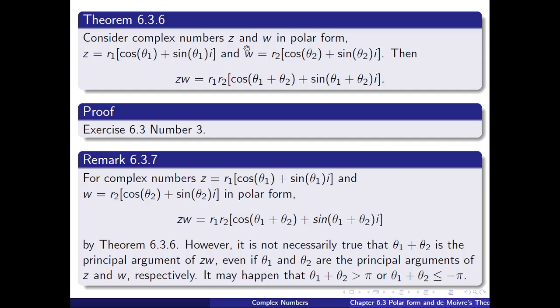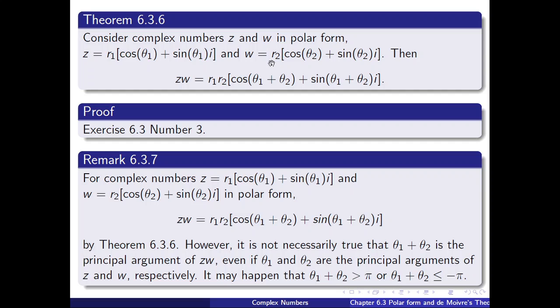So consider complex numbers z and w in polar form. So z is equal to r1 times cos theta 1 plus i sine theta 1, and then w is equal to r2 times cos theta 2 plus i sine theta 2.